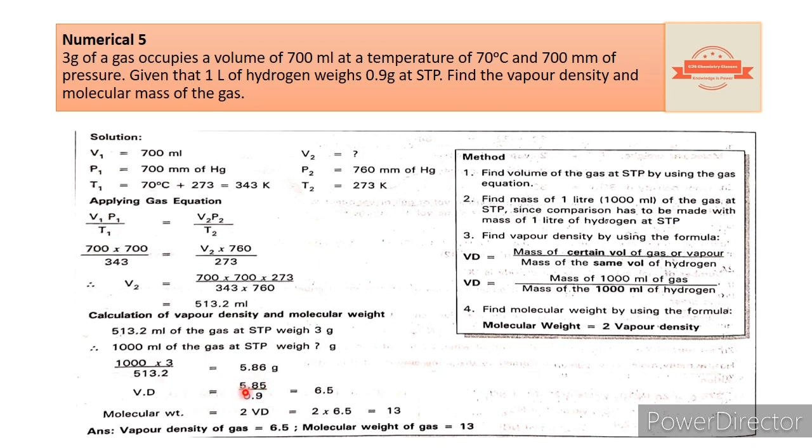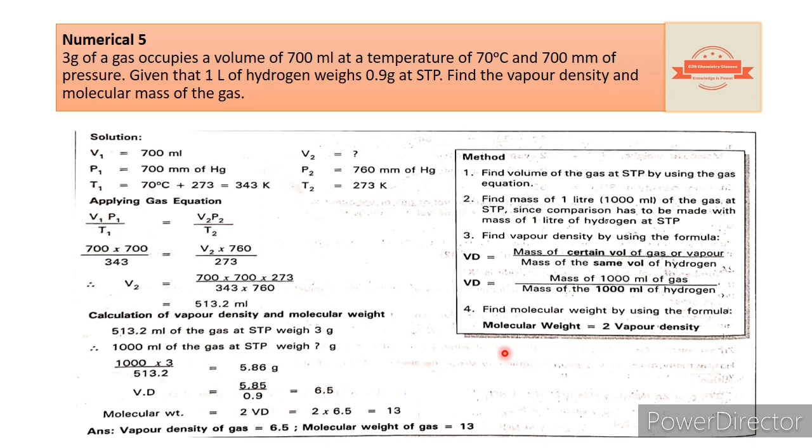In the numerator, mass of the gas is 5.86 just calculated, divided by mass of the same volume of hydrogen given as 0.9. It is equal to 6.5, which is the vapor density of the gas.